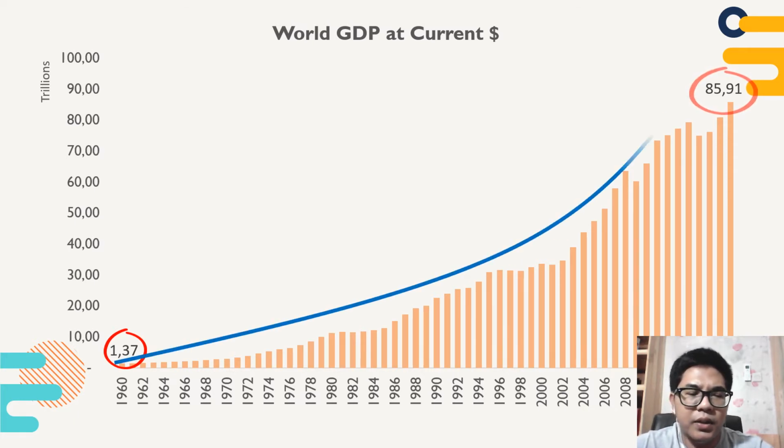And what do these numbers mean? First, of course, our world economy has grown significantly, and then second, as we grow significantly, it means we produce more goods and services compared to 1960.